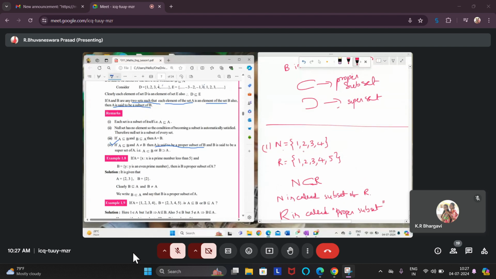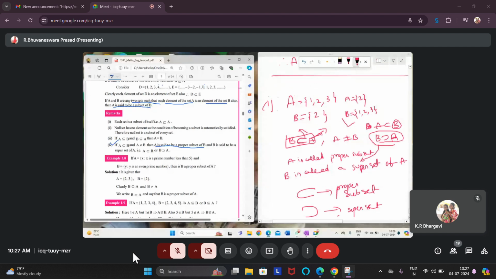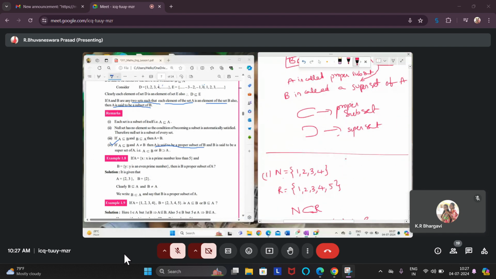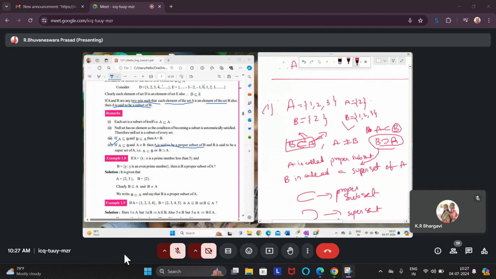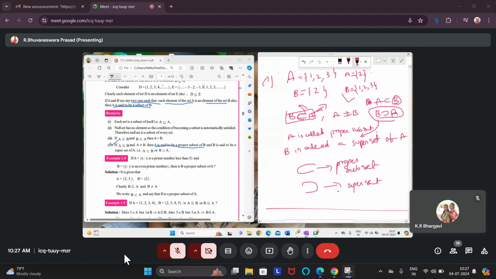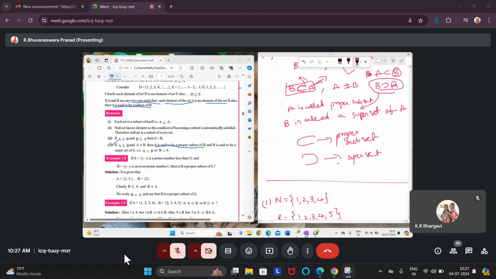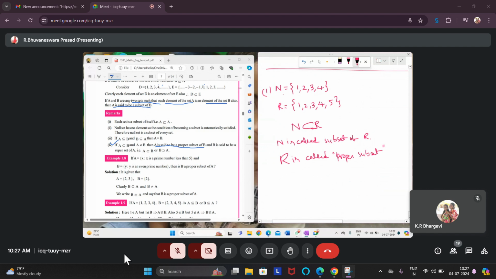సో ఈ ఎగ్జాంపుల్కి ఈ ఎగ్జాంపుల్కి రెండు డిఫరెన్స్ చూడండి. ఏ అనేది డిరైవ్డ్ సెట్, సో ఆర్ నుంచి ఎన్ అనేది డిరైవ్డ్ సెట్, కాబట్టి ఇక్కడ మనం ఎన్ ఈజ్ సబ్సెట్ ఆర్ అన్నాం. దెన్ ఆర్ ఈజ్ కాల్డ్ సూపర్ సెట్, and n is called proper subset.